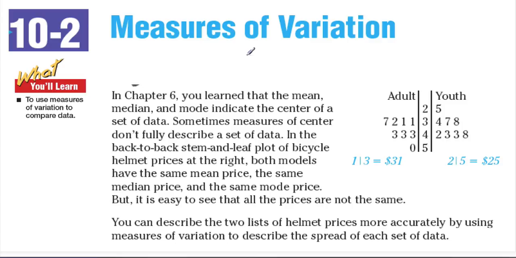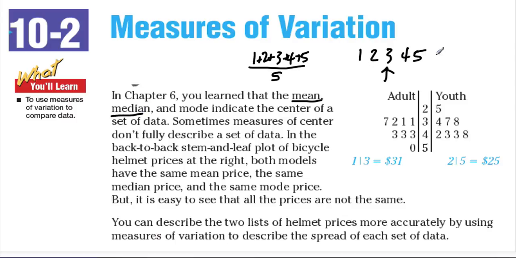So, for example, if you have five numbers, 1, 2, 3, 4, and 5, that's your set of data. You simply add all of them and divide that by 5, and that's how you get your mean. The median is just the middle. Going back to our set, 1, 2, 3, 4, and 5, 3 will be the median because that's the middle of the set.